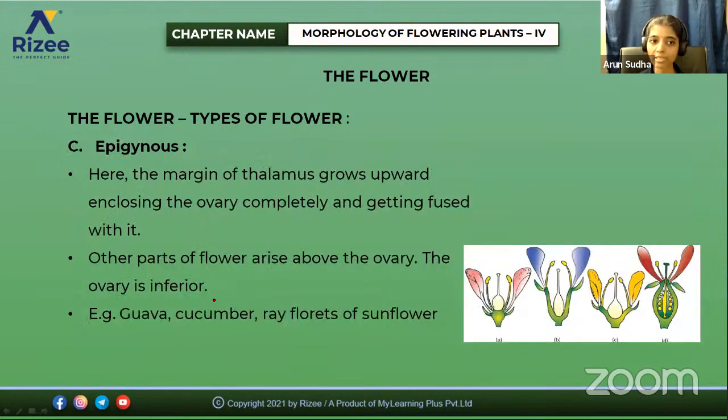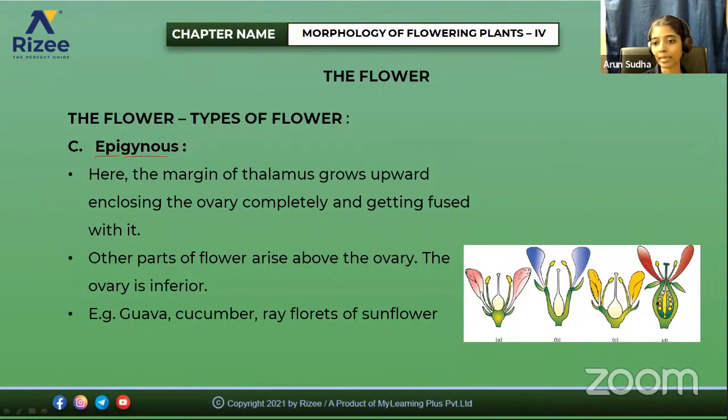The next condition is the epigynous. What do we mean by epigynous? Here the margin of the thalamus grows upwards enclosing the ovary. The swollen part is called the thalamus. This thalamus grows upwards and encloses the ovary.